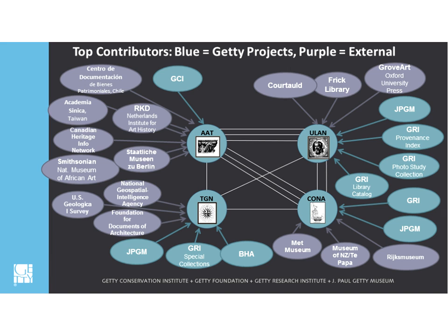They have contributed tens of thousands of artist names to the ULAN. And then the ones in purple are some of our main contributors from outside the Getty. The Courtauld Institute in London, the Frick Library in New York, the Grove Dictionary of Art is an important contributor, and the RKD, the Netherlands Institute for Art History, is a huge contributor.